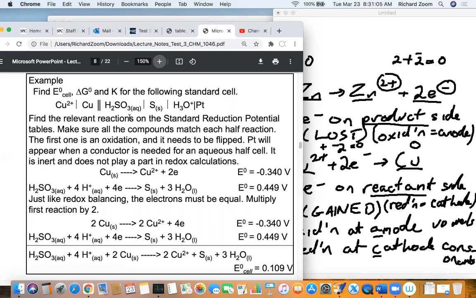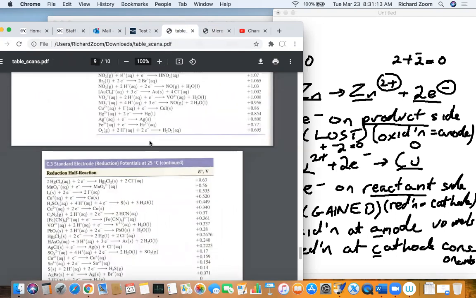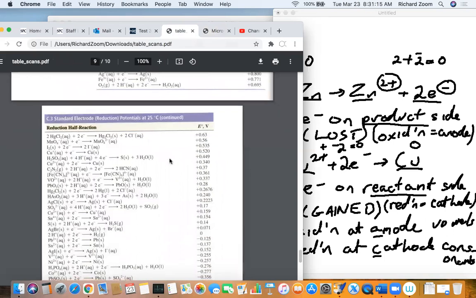So what we do is we have to find a reaction here that involves H2SO3, sulfur solid, and H3O+. So I go and I look for that. And there it is. We've got H2SO3 aqueous, we've got the sulfur solid, and then we've got H plus here.